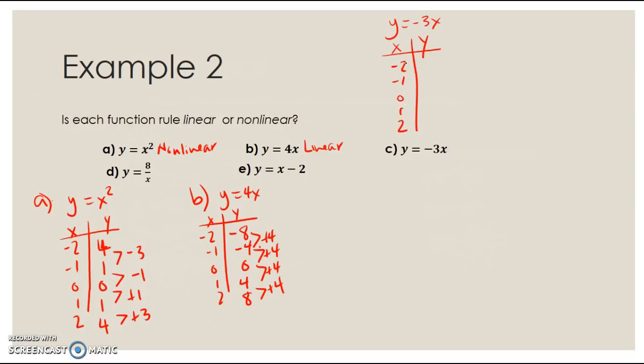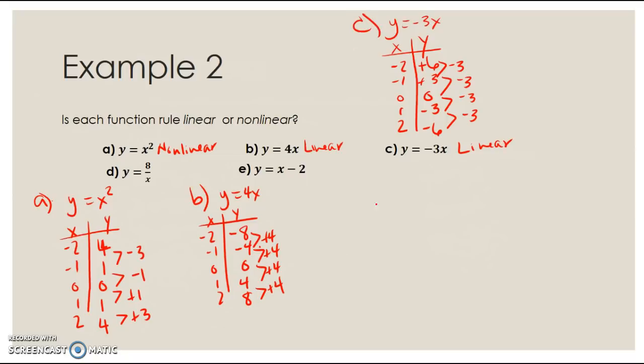Now I'm going to plug it in. -3 times -2 is +6. -3 times -1 is +3. -3 times 0 is 0. -3 times 1 is -3. -3 times 2 is -6. So here I'm subtracting 3, and I subtract 3 every time. And so that makes c linear.